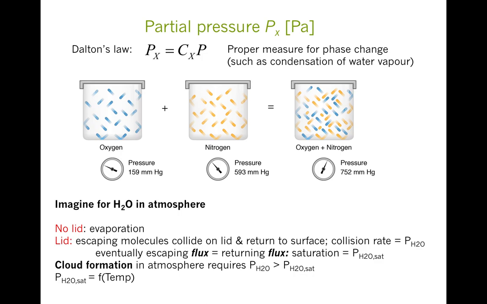And when the escaping flux rate equals the returning flux rate, that's when you have saturation. And that's a saturation vapor pressure. So cloud formation in the atmosphere requires that the partial pressure due to water is greater than the saturation vapor pressure of water. And the saturation vapor pressure of water and of most compounds is a function of temperature.